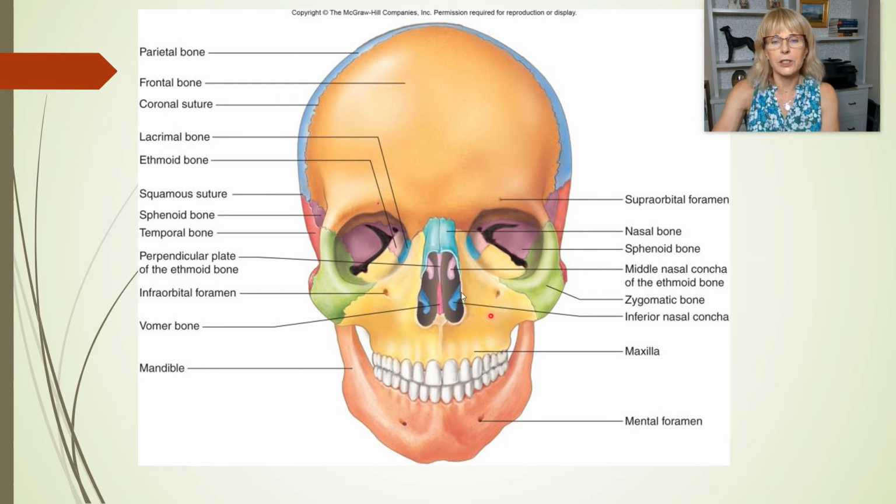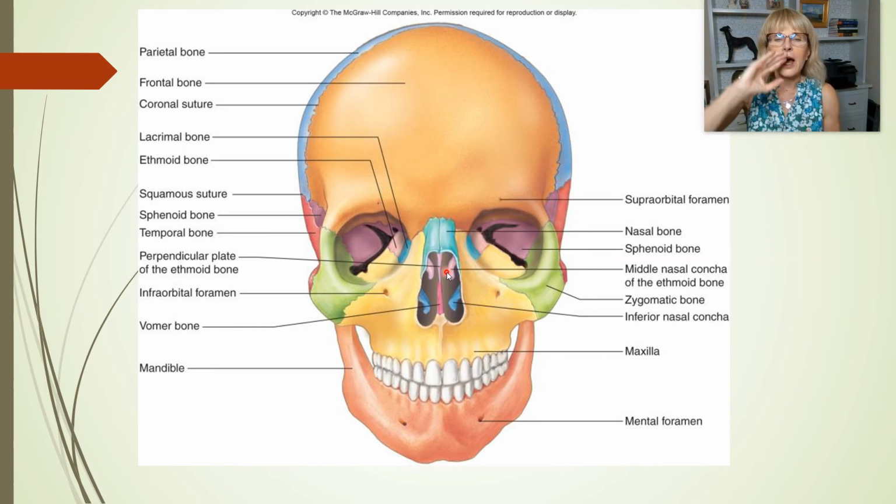All right, ethmoid bone. We will get back to these bones of the face in a minute. The ethmoid bone is this little delicate kind of pink color. And if you look up in your nose, you've got a thin sheet of bone that divides the right side from the left side of your nose. It's called your nasal septum.